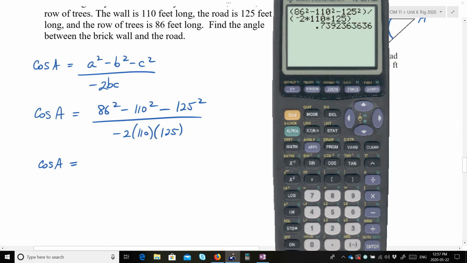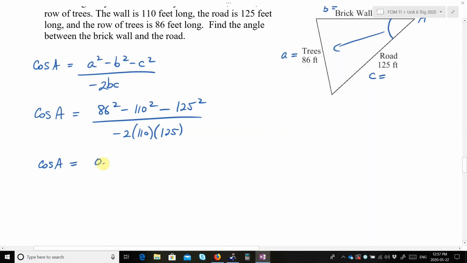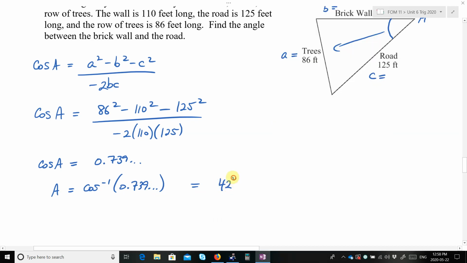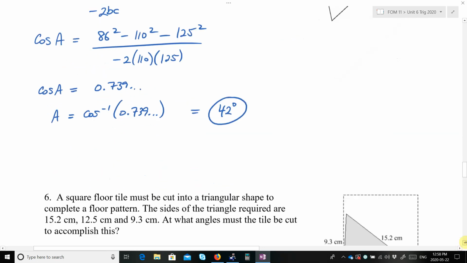So there's cos A, 0.739. And so angle A then is cos inverse of 0.739, which is equal to, go second function cos, second function negative sign to put in the answer, close the bracket, press enter, and we get 42 degrees. Right on with the answer key.